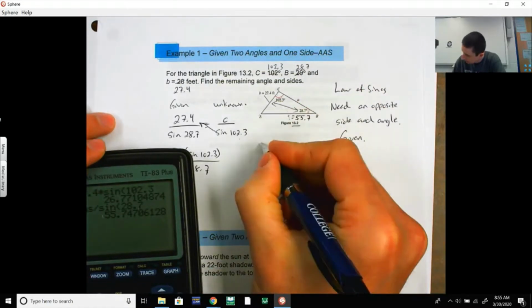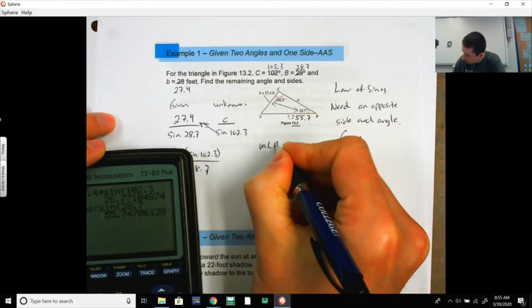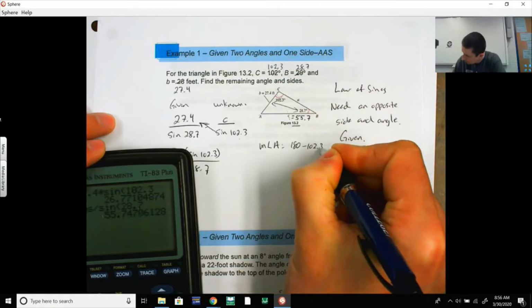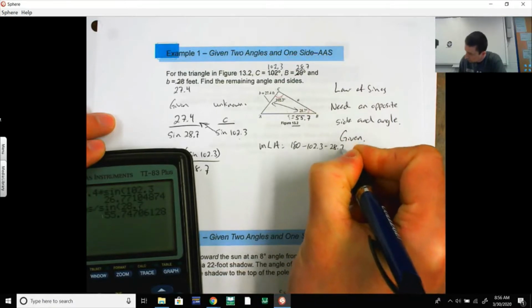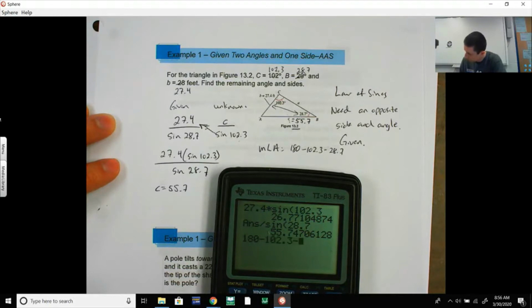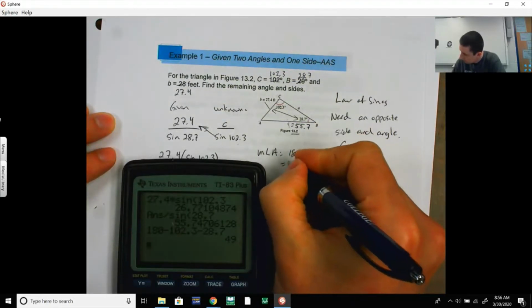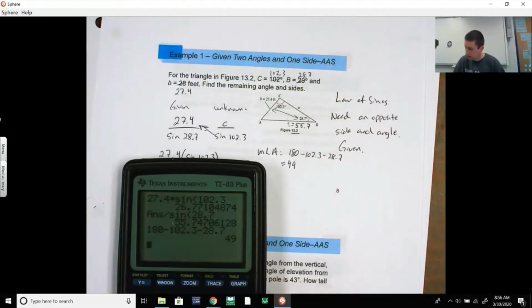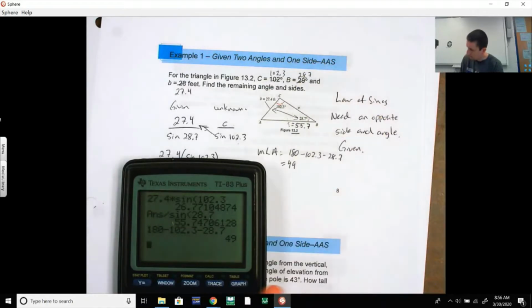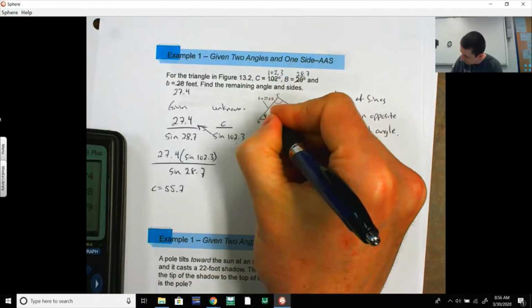Okay, now we can find angle A. The measure of angle A would just be 180 minus 102.3 minus 28.7, 49 degrees. Okay, now we're going to do the same thing we did for side c for side a, because we know this is 49 degrees right there.